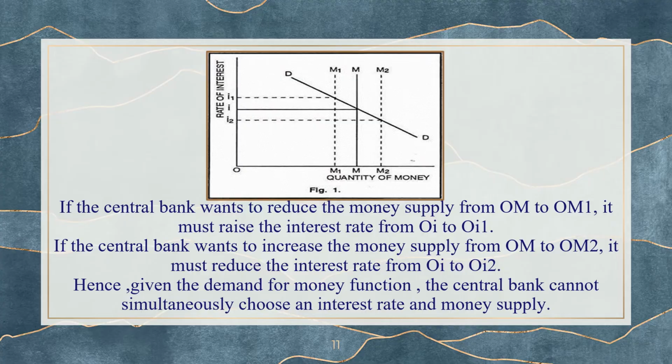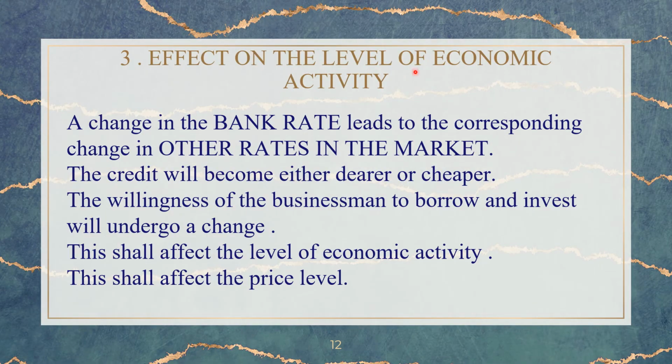Okay. Next slide. Effect on the level of economic activity. A change in the bank rate leads to corresponding changes in other rates in the market. As I told you before, if the bank rate changes, other rates in the market also get influenced. The credit will become either dearer or cheaper.